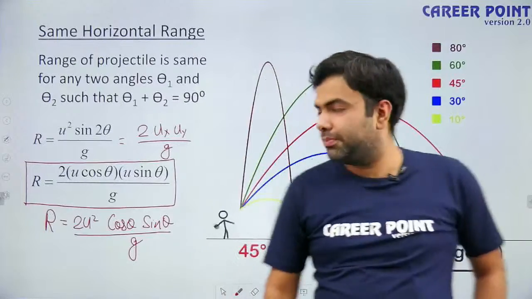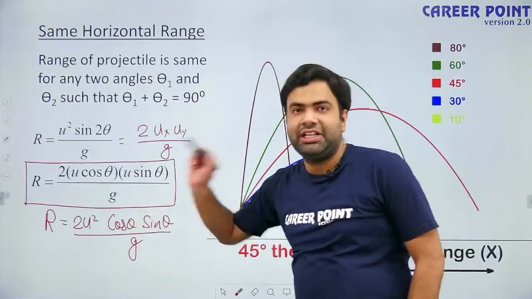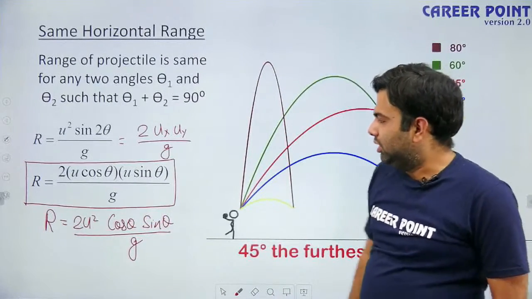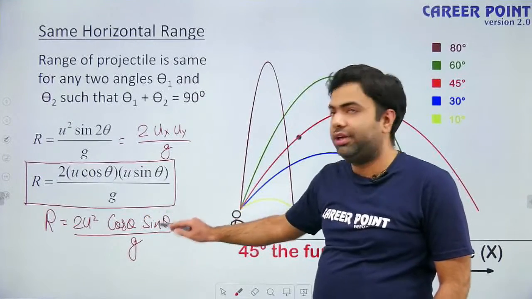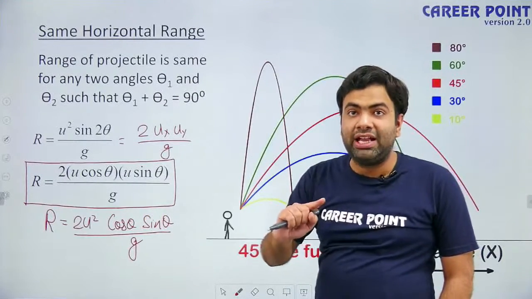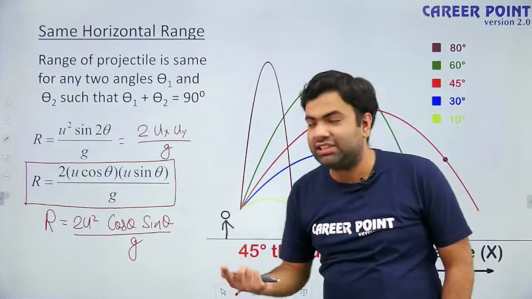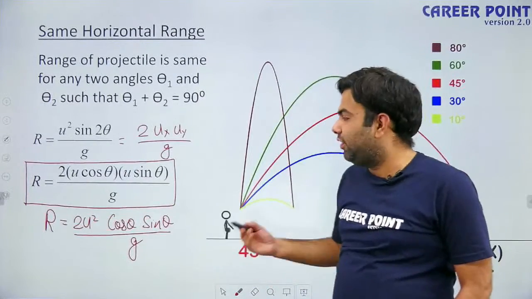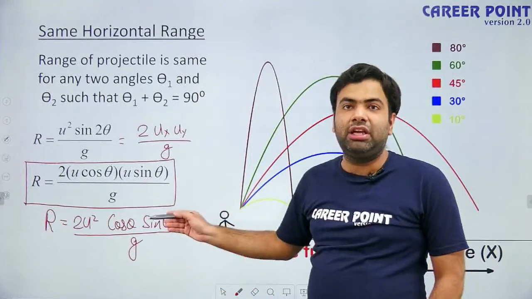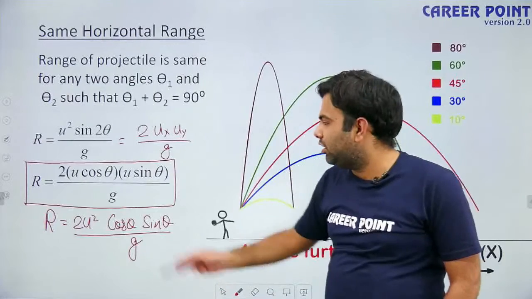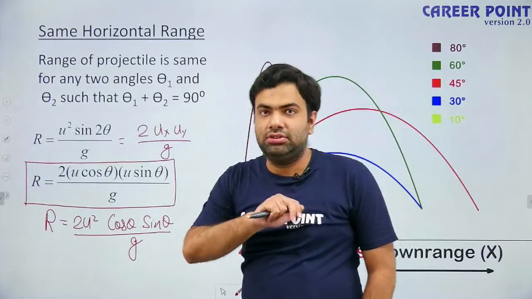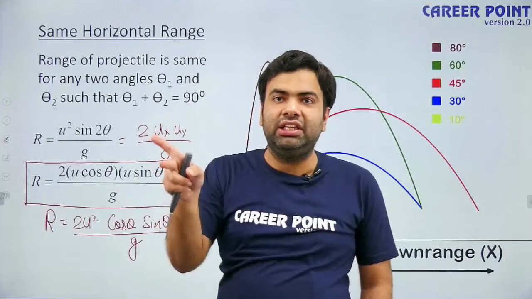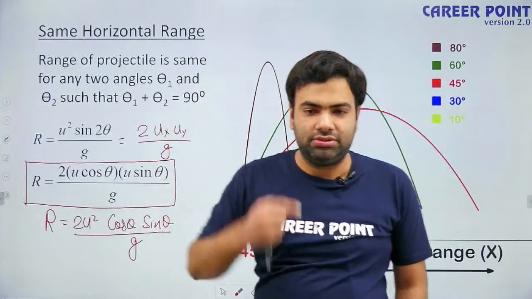Now listen, if I choose angle as 30 degree, then cos 30 will be root 3 by 2 and sine 30 will be 1 by 2. If I choose angle 60 degree, in that case I will have the same range, because for 60 degree sine theta will be equal to root 3 by 2 and cos theta will be 1 by 2. So for those angles whose sum is 90 degree, we get the same range.